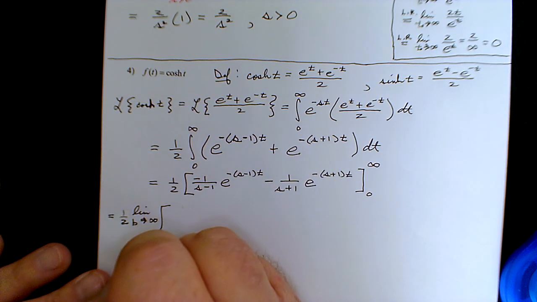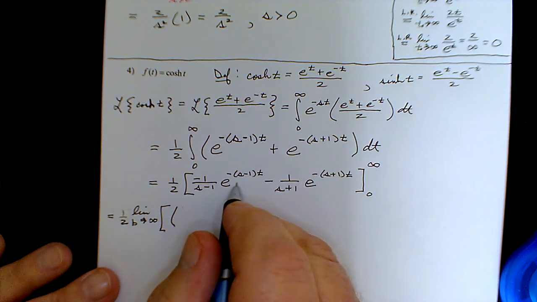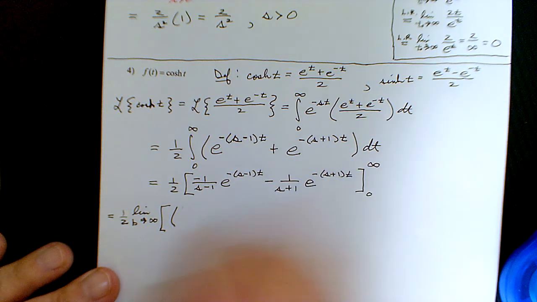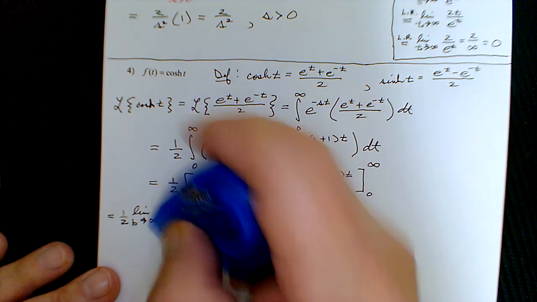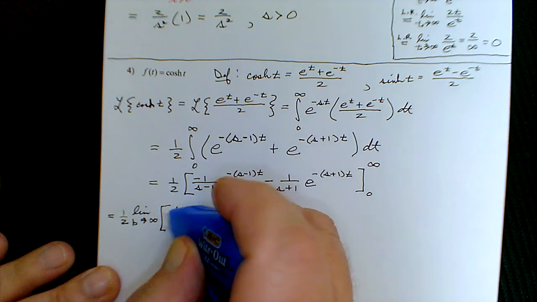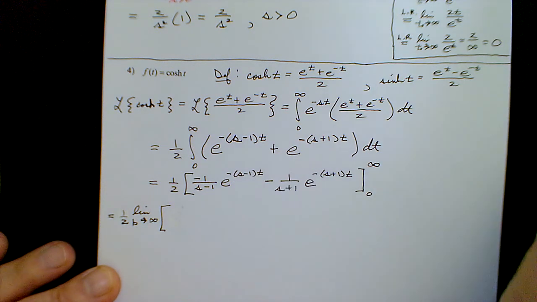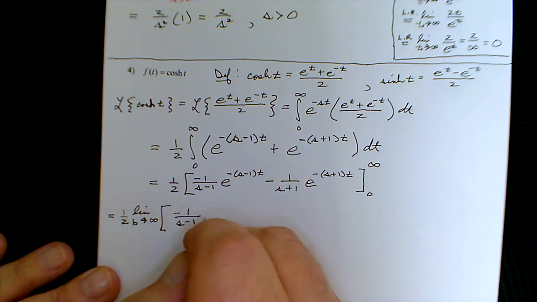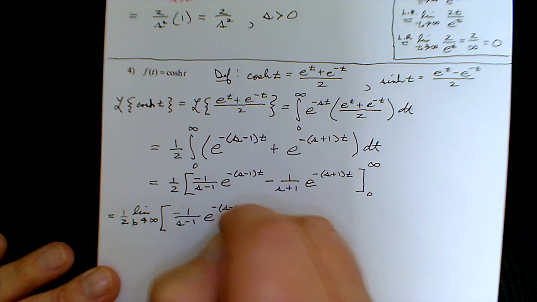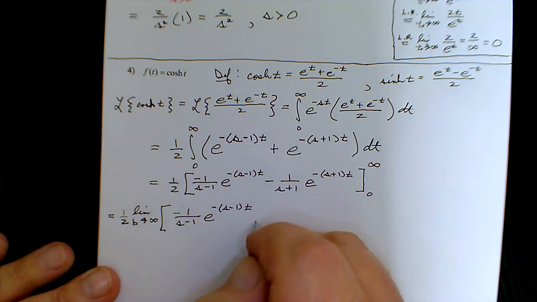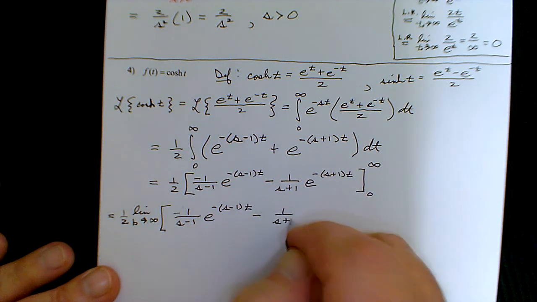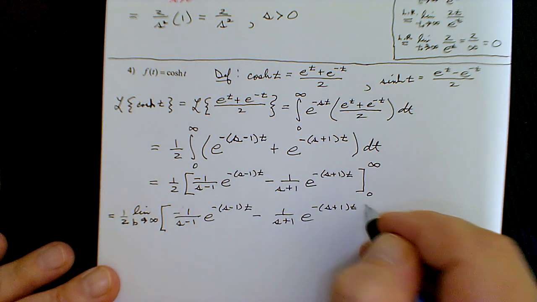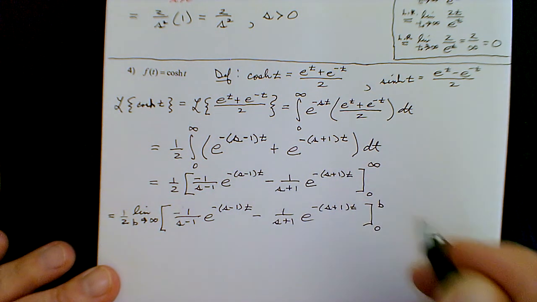Okay, and then we'll have the upper limit goes in of b, or no, we're not doing the fundamental theorem yet, sorry. So then just recopy. Minus 1 over s minus 1 e to the negative s minus 1 times the quantity t, and then minus 1 over s plus 1 e to the negative s plus 1 times t. Okay, and then that's from 0 to b.